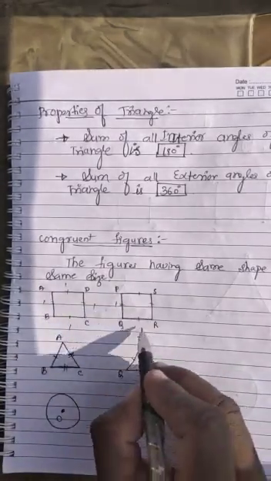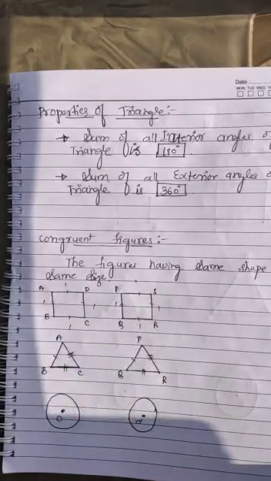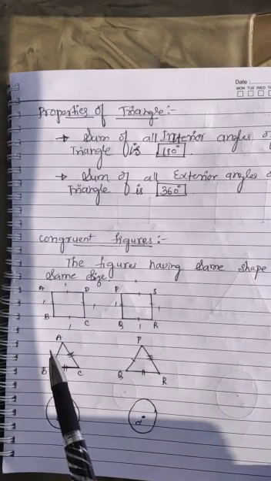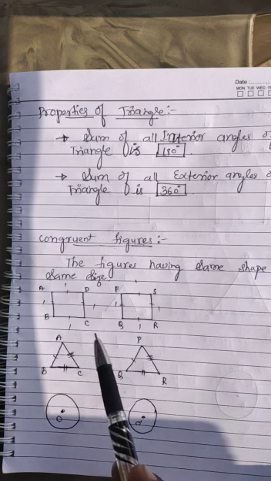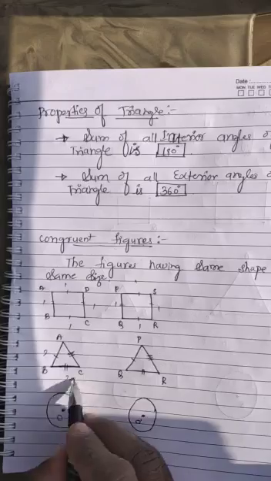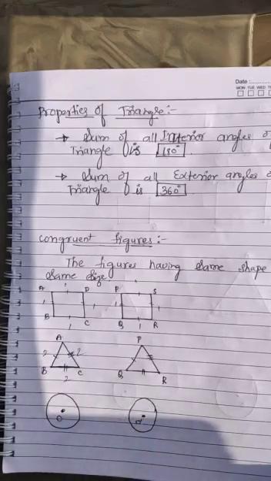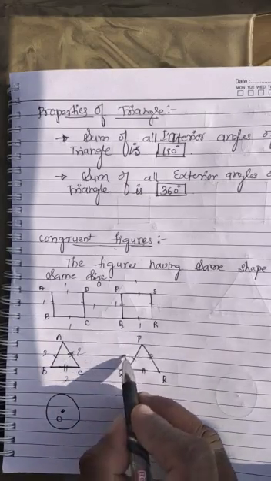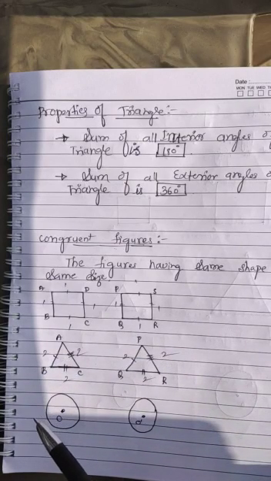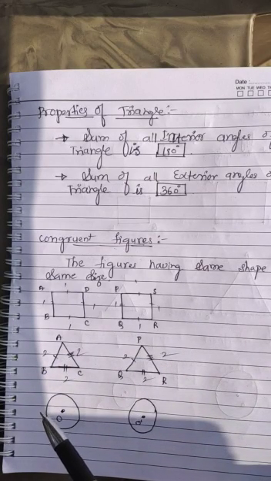Here also PQ, QR, SR, PS, all the corresponding sides are equal, corresponding angles are equal. Here also, if I take AB as 2 units, BC as 2 units and AC as 2 units, then PQ is 2, QR is 2 and PR is 2, right?